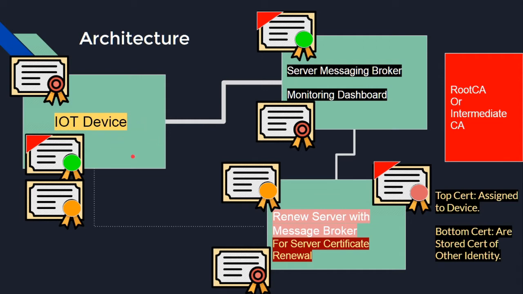Okay, and I will show you how communication is done in the network. The IoT device sends the public key to the server.